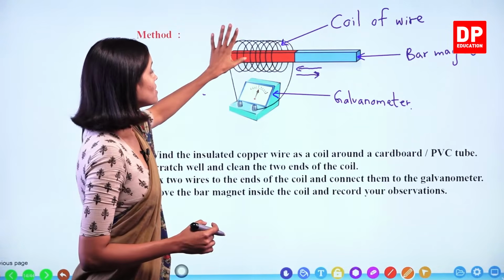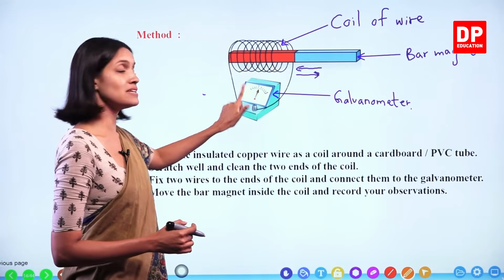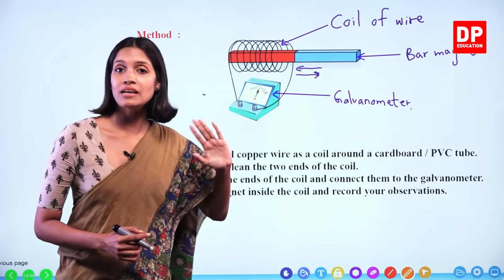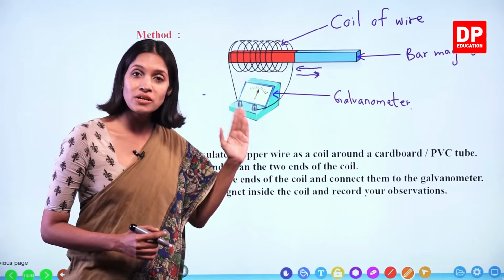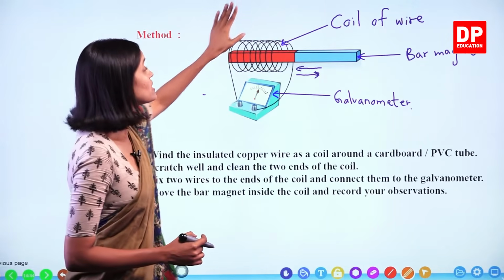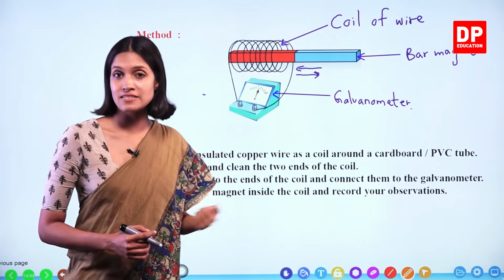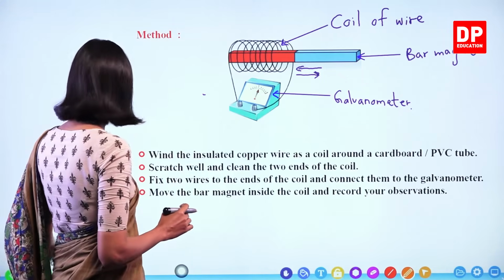So without moving the magnet, when we keep it inside the coil of wire, again this indicator goes back to 0, which means at that time electricity does not flow through this one. So we can come to a conclusion, when a magnet is moved inside the coil of wire, the coil of wire generates electricity. Right? Okay. We'll write the conclusion.